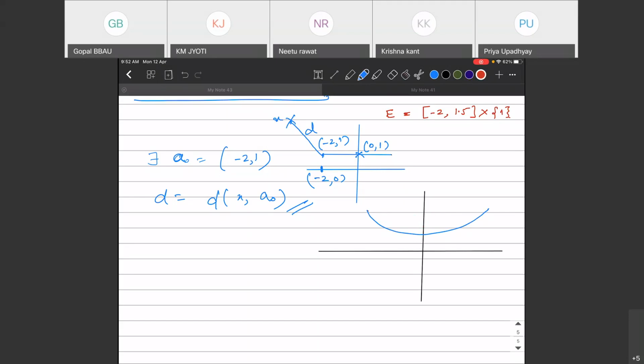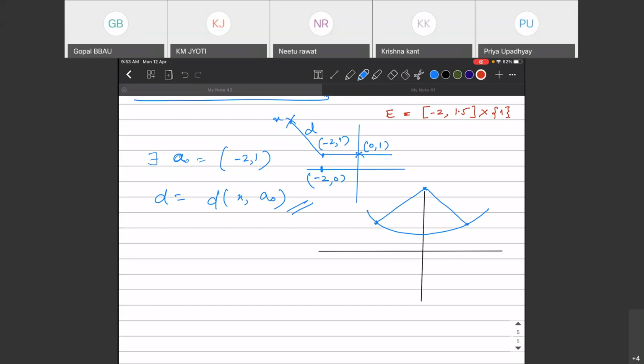It is not looking like a circular arc in my figure, but assume that it is circular, and say this is the center. You all know by the property of a circle, the distance from the center to any point on the curve is always the same.